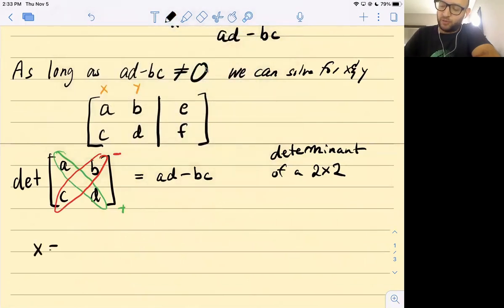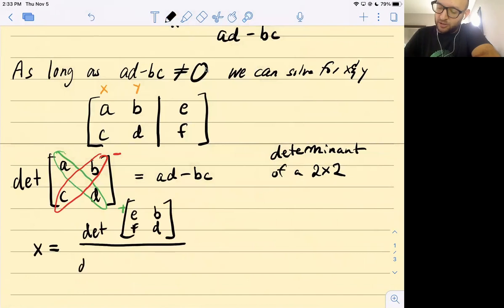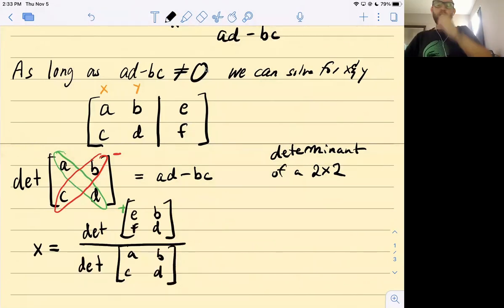The formula for X is the determinant of E F, B D divided by the determinant of A B C D. So all you do to get X is replace the X column in the original matrix with the target column E F.